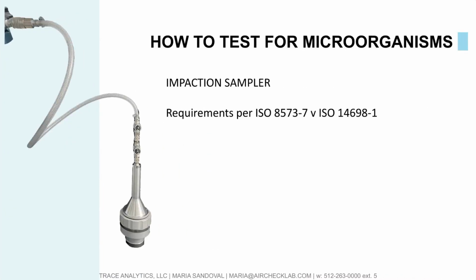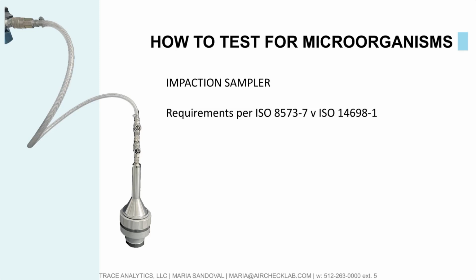And so when it's time to test for those indicator organisms, you need to be using an impaction sampler. And so what you need to see on the screen is the point of use is connected through a hose. And that is going to drive the compressed air through our system into these valves down here and allow the compressed air to impact an agarose plate.